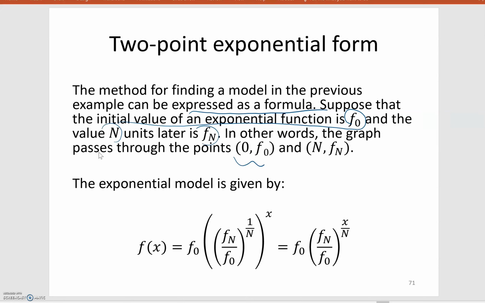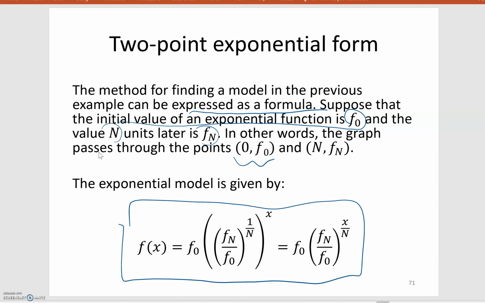These are our 2 points, 0 and f of 0, and n and f of n. This notation is just a little easier to write. Then the exponential function that passes through these 2 points is given by this formula. I don't want you to think that every time you use this, you have to write this entire thing out. The formula is over here.